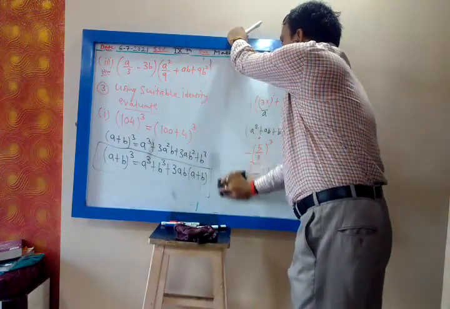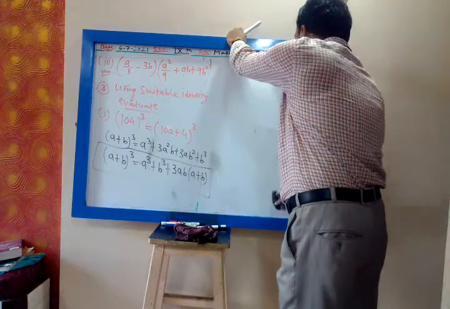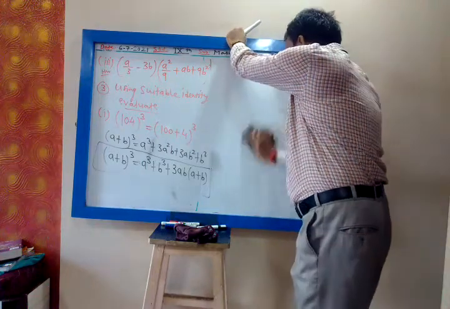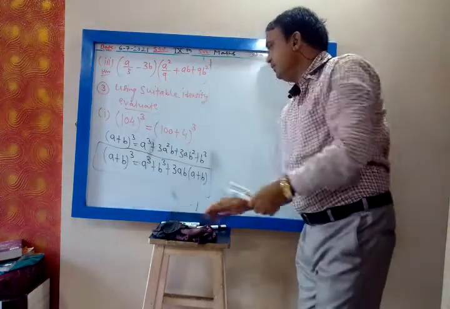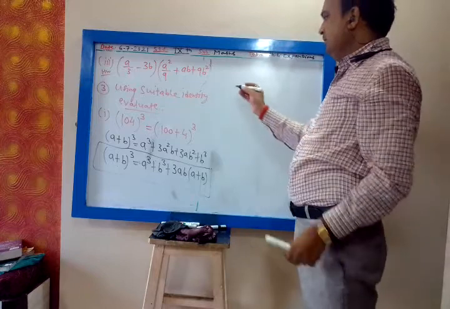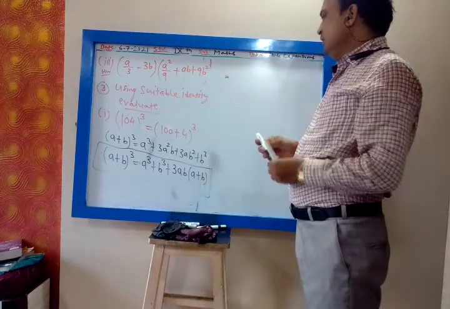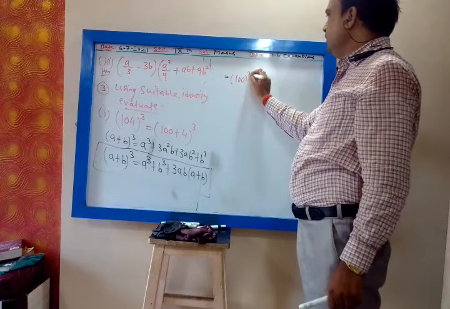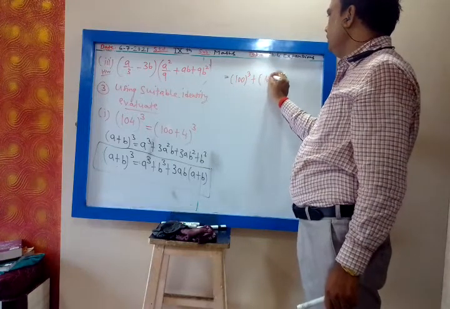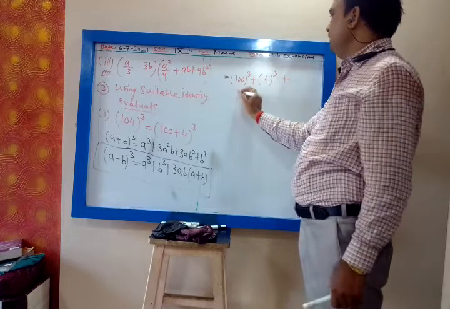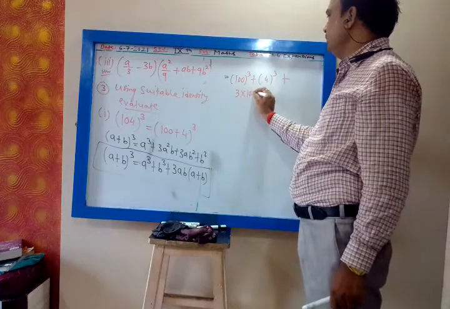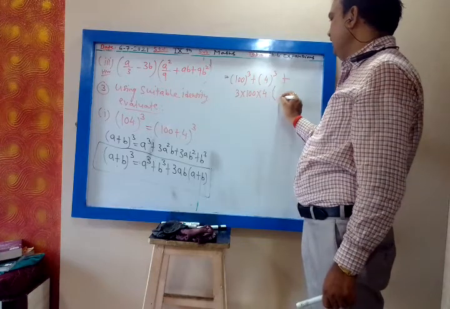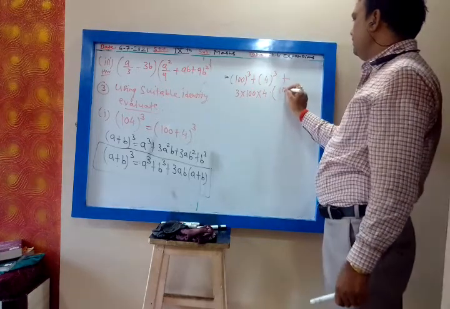My A is 100, B is 4. So that will become A cube, that is 100 cube, plus B cube, 4 cube, plus 3AB, 3 into 100 into 4, into bracket A plus B, 100 plus 4.